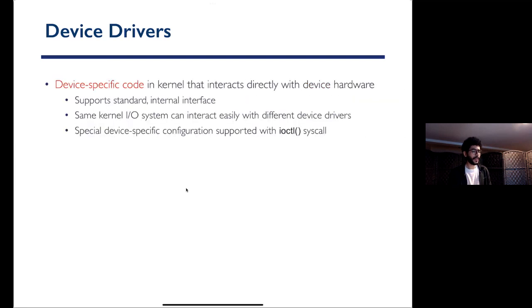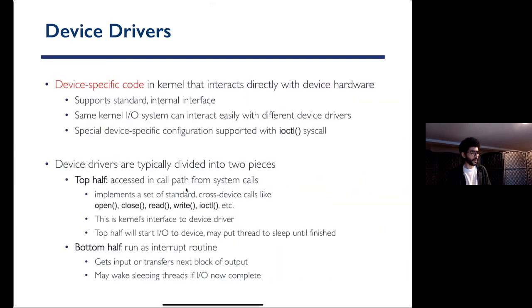Now, with that, usually the terminology in Unix systems is that we divide device drivers into two halves: the top half and the bottom half. The top half is accessed in the call from the system call. So when the user calls the system call, usually the top half of the device driver gets activated and runs, and this half sets up whatever needs to be done, right?